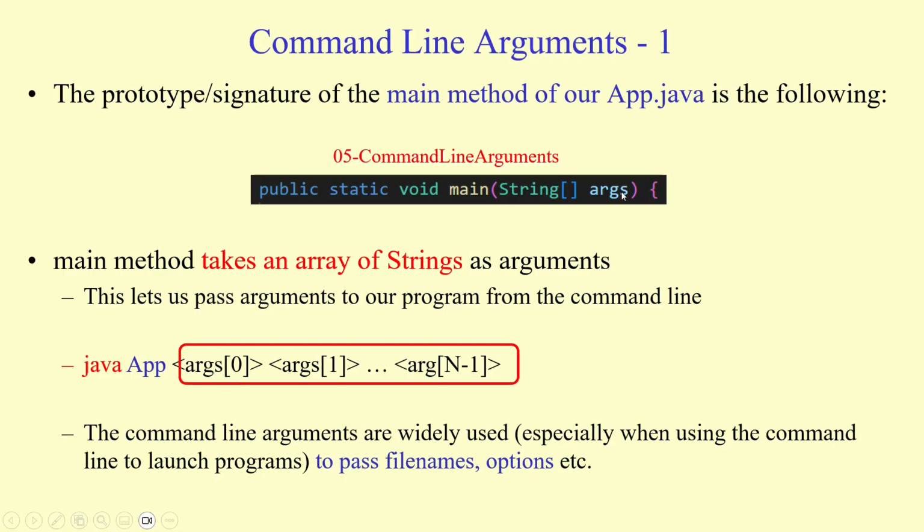So arg0 will contain the first user supplied argument, arg1 will be the second user supplied argument, and so on. This is different than C++. In C++, argv[0] would be the name of the program that you're executing, and argv[1] will be the first command line argument supplied by the user. But it's different in Java. In Java, the arguments are only the user supplied command line arguments.